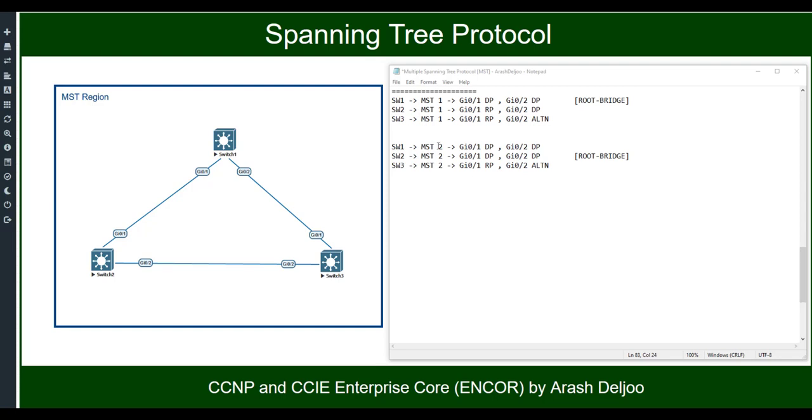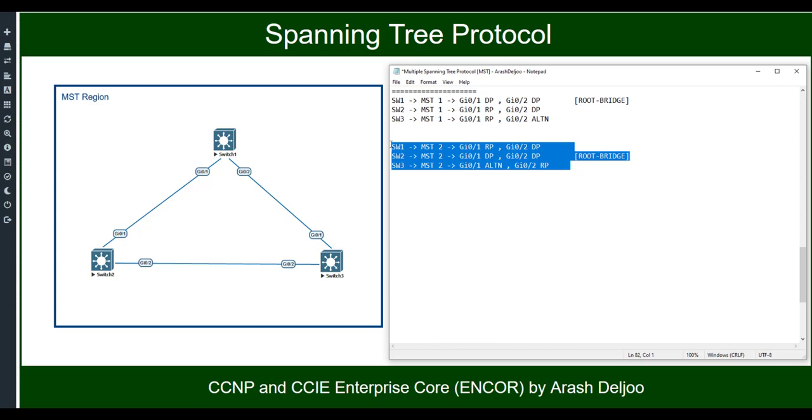Also, in switch 1, Gigabit 0/1 is the root port, and Gigabit 0/2 is the designated port. In switch 3, Gigabit 0/1 is the alternate port, and Gigabit 0/2 is our root port. That's it. This is the story of MST instance 2.